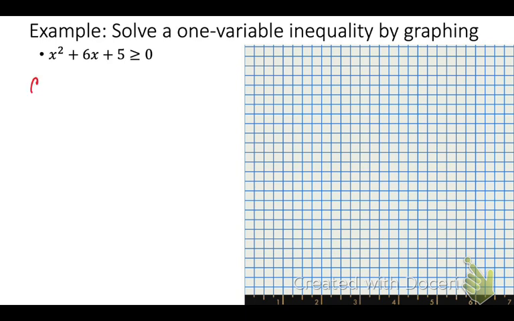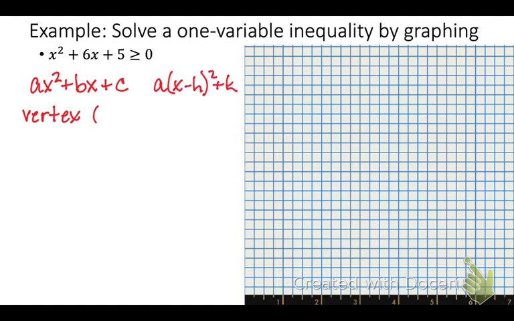Okay, so ax squared plus bx plus c is a quadratic equation, yes? Yep. Okay, the vertex is h, k. And we find the h with negative b over 2a. Once I have the h, how do I get k?